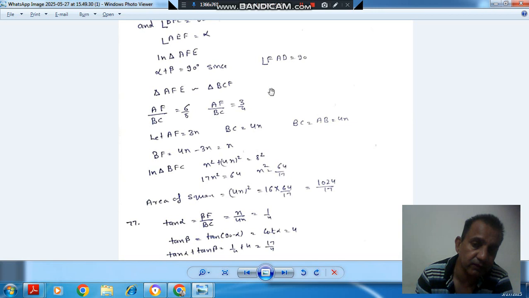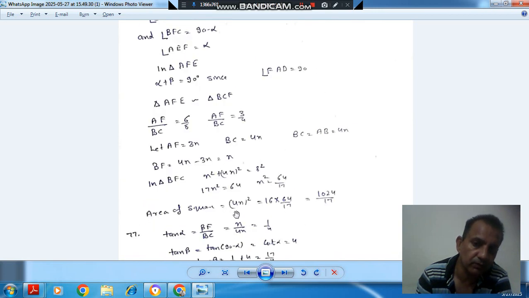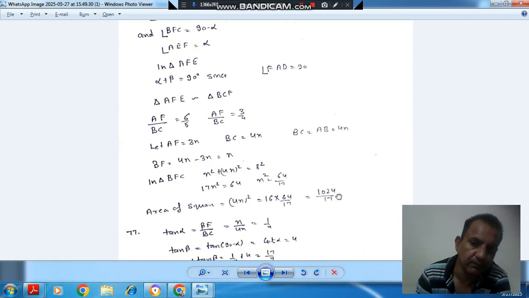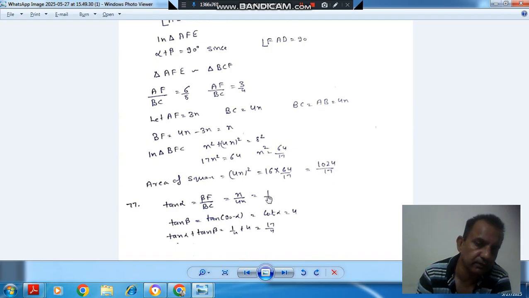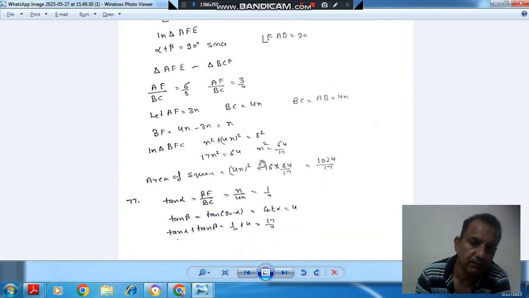So x square will be 64 by 17. And as the side of the square is 4x, the area of the square will be 4x whole square. That will be 16 into x square, that is 16 into 64 by 17, so that will be 1024 by 17. Tangent alpha: this is alpha, this is 4x, this is x. So x by 4x is tangent alpha, that is 1 by 4.